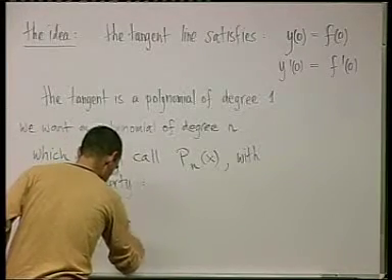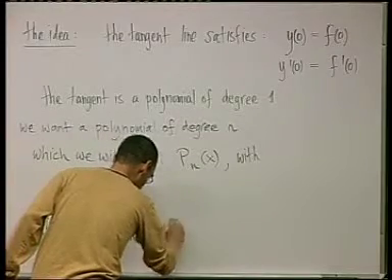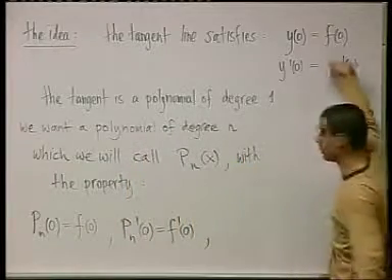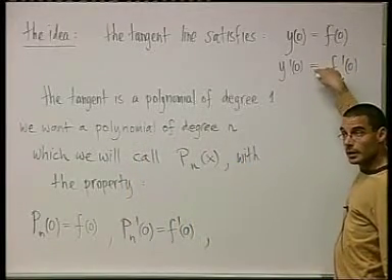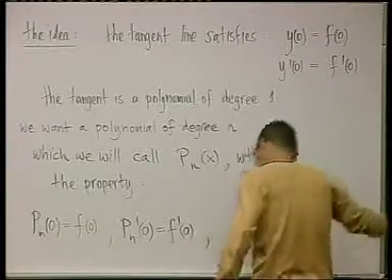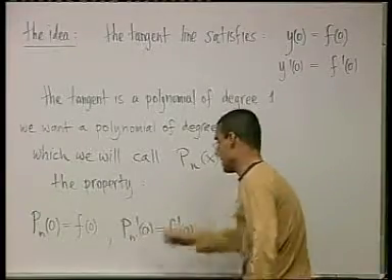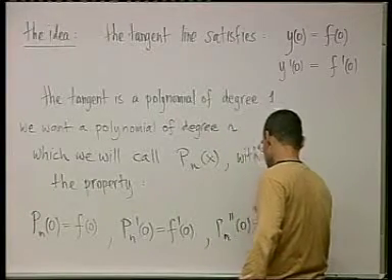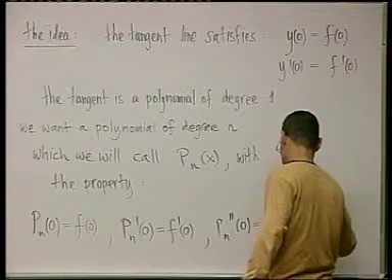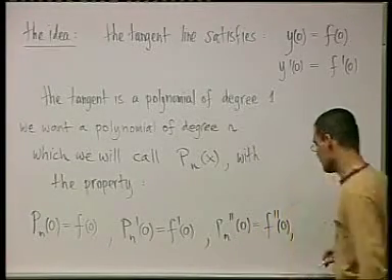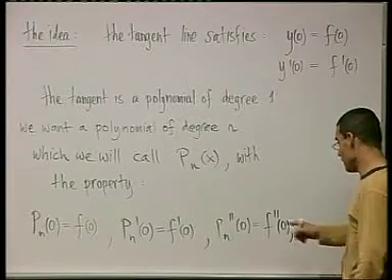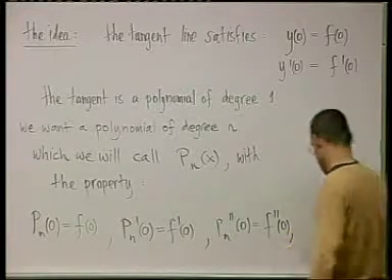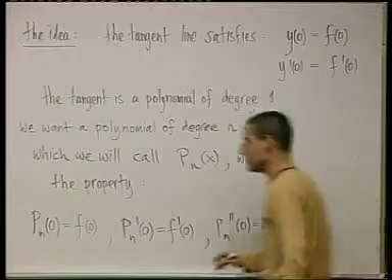Pn prime at 0 equals f prime at 0. Those are these two properties. And we want to continue this for any n. So Pn prime prime at 0 equals f prime prime at 0, etc. So until, what's the highest derivative we can go if it's a polynomial of degree n? Right, so let's write it.